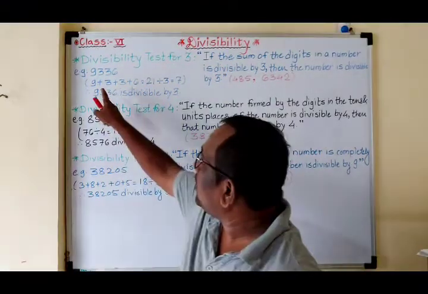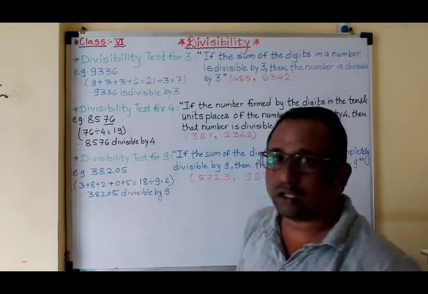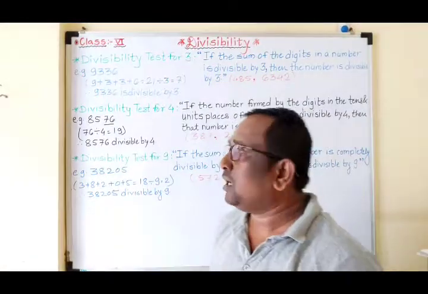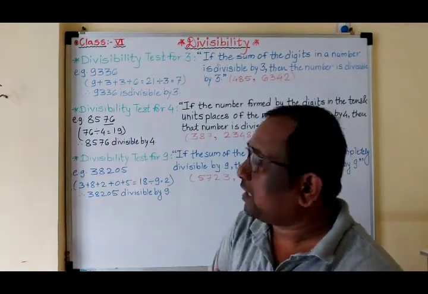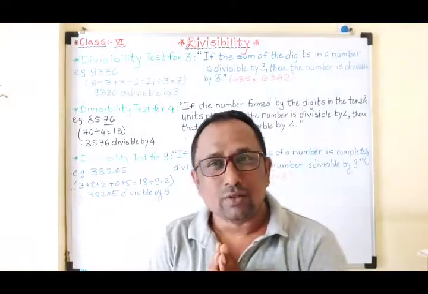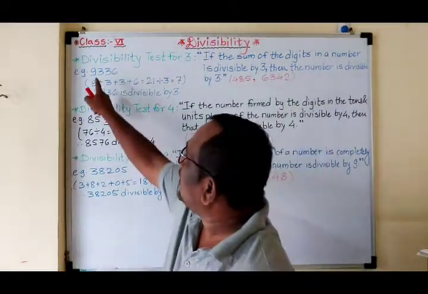So one example here, 9336. We have to apply the divisibility test of 3 here, to check whether the number 9336 is divisible by 3 or not. So what do we have to do? We have to add every digit.